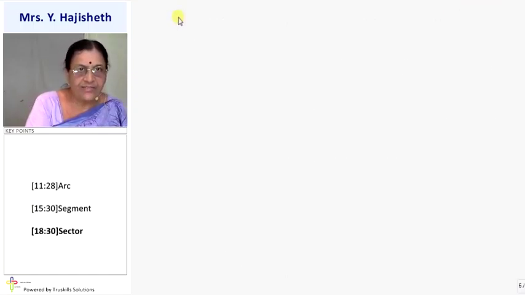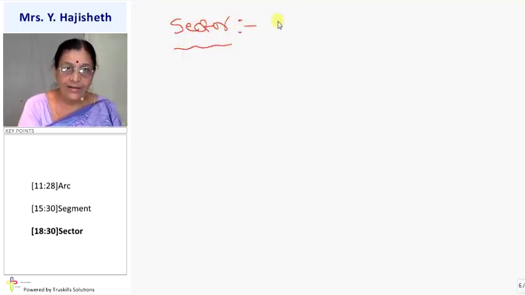Now we are talking about sector. What is the difference between segment and sector? Segment is the region between a chord and an arc, and sector is the region between an arc and two corresponding radii.